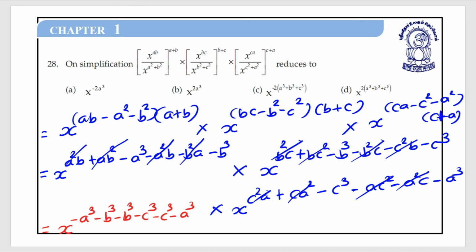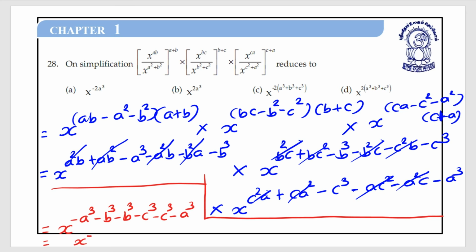Okay, so x raised to minus 2a cube minus 2b cube minus 2c cube is equal to x raised to minus 2 common, a cube plus b cube plus c cube. So option C is the right answer of question number 28.